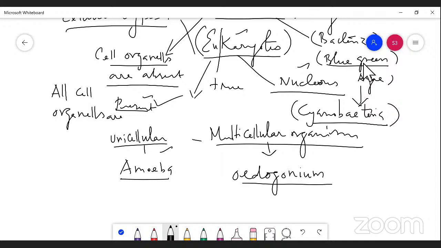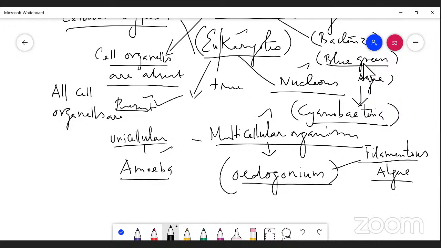What is Oedogonium? It is a filamentous alga, a multicellular organism.